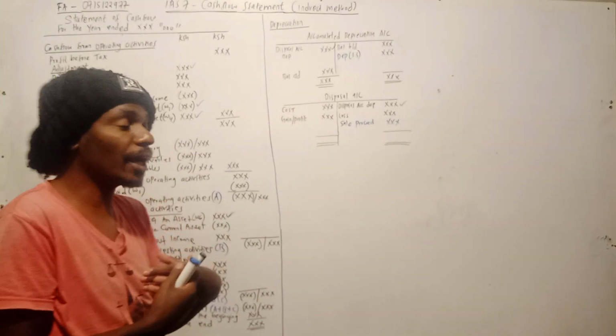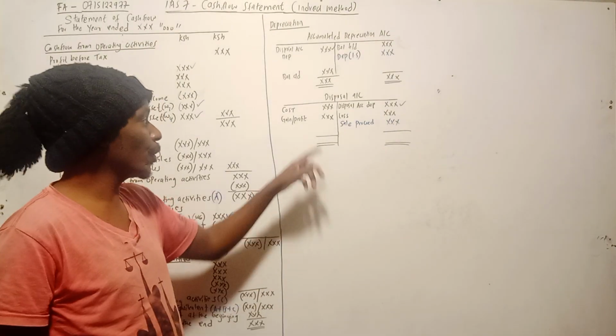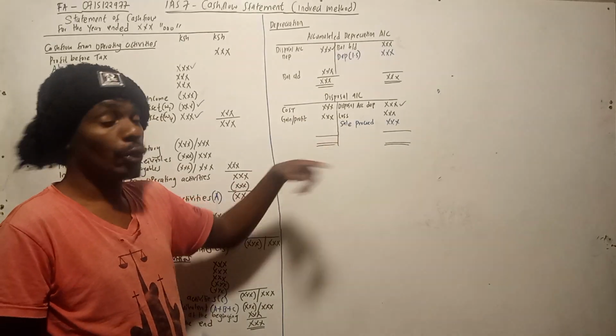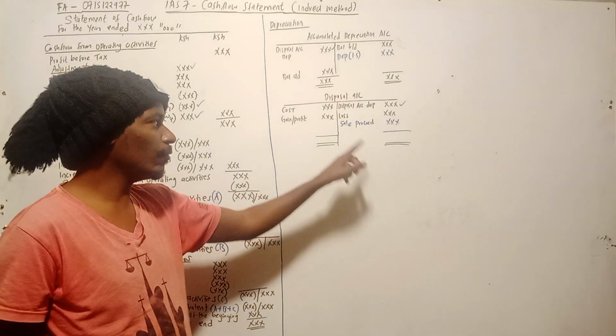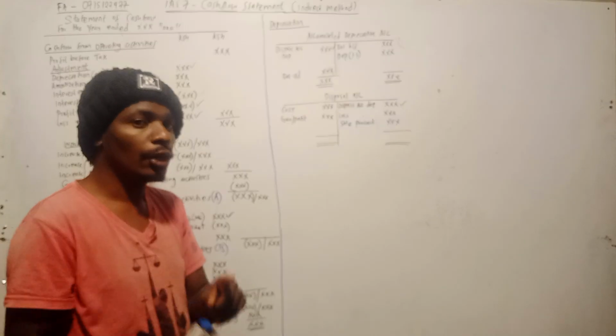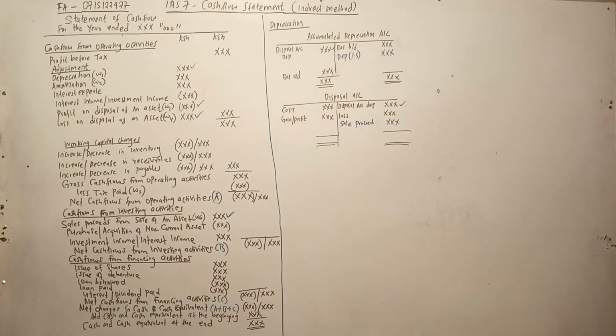In some other questions they tell you there was a gain or a loss on that asset. So where you are told there is a gain or a loss, you need to prepare this account to know the sales proceed. In a question where they give you the sales proceed, it means you need to determine either gain or loss. So you need to remember that one.